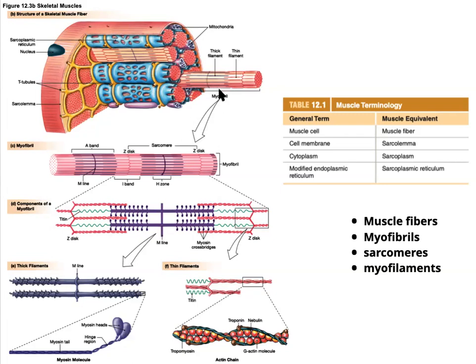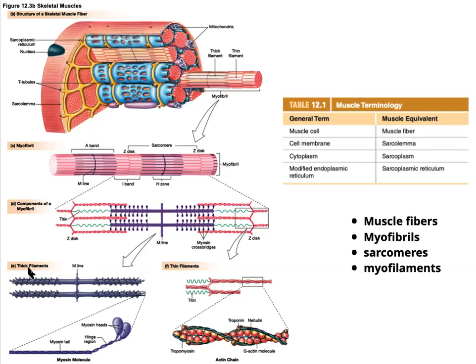And these sarcomeres are composed of different myofilaments. Myofilaments are the individual filaments that make up the myofibril, specifically the actin filament, or the thin filament, and the myosin filament.